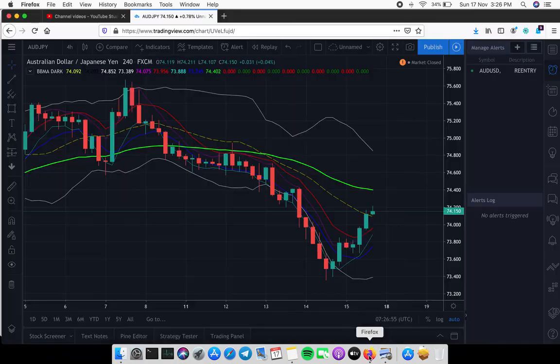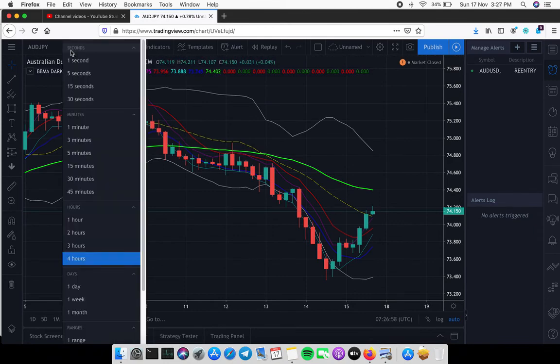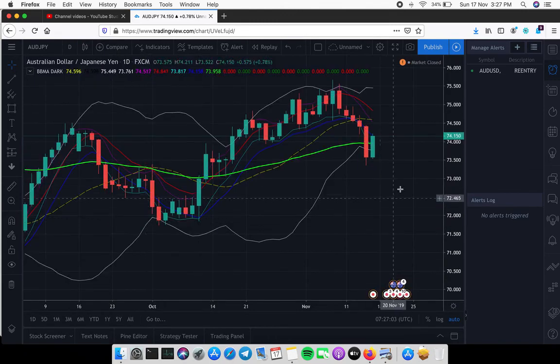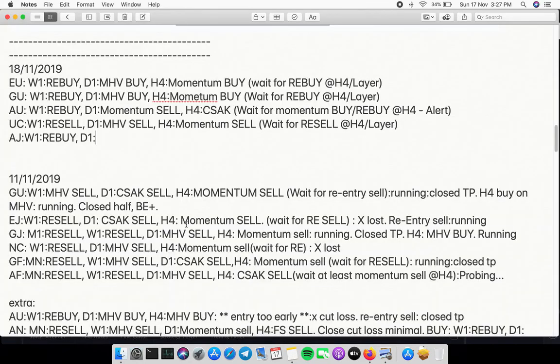And D1 momentum. D1, I'll consider this as MHV buy, H4 CSAK buy, so our action will be wait for re-entry buy at H4 or layer.